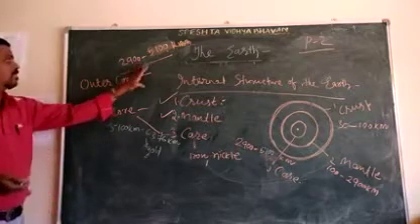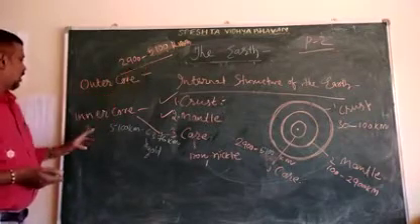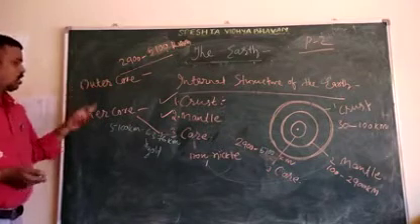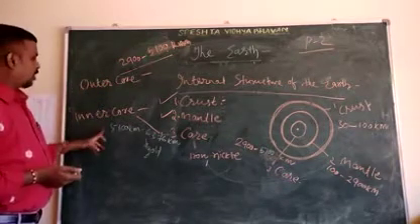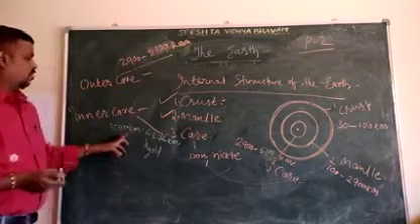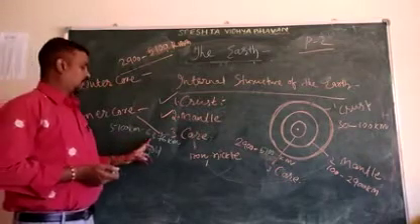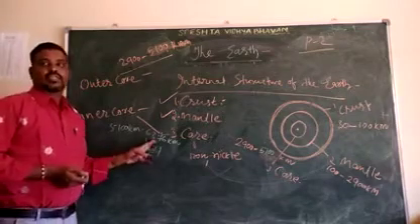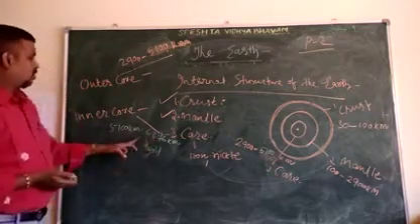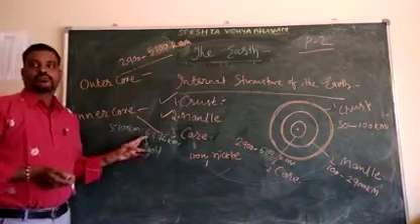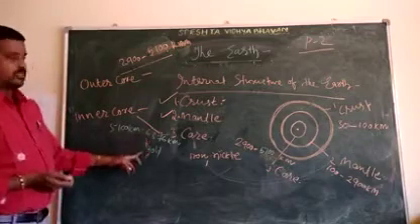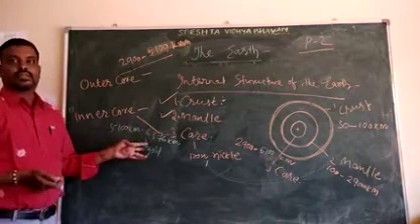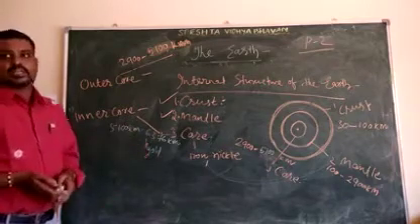The inner core thickness is 5,100 to 6,376 kilometers, and here we can find heavy substances like gold. So this is all about the internal structure of the earth.